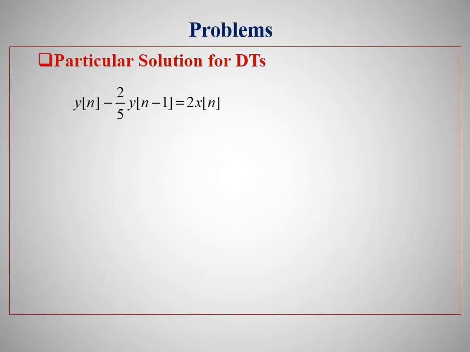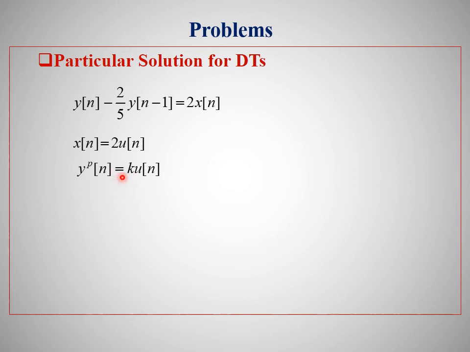Let us go on to one more problem on particular solution. The problem given here is y of n minus 2 by 5 y of n minus 1 equal to 2 into x of n. x of n is defined as 2 into u of n. Hence, the solution for yp of n is k into u of n.